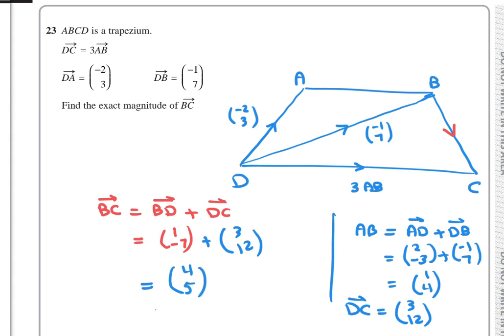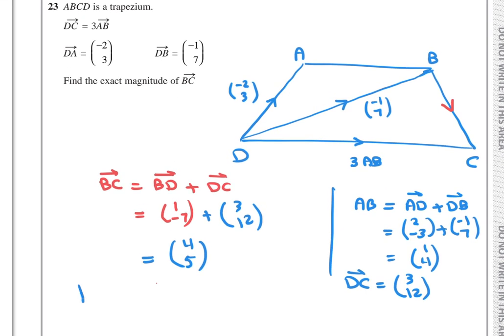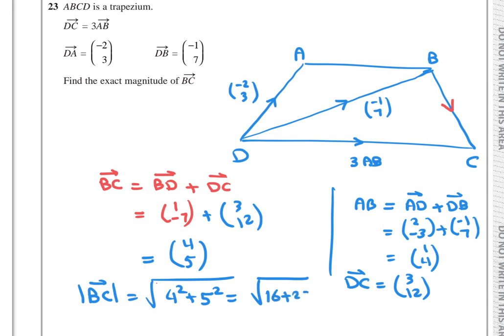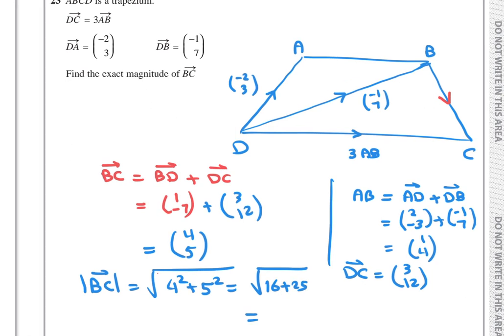So (4, 5). To find the magnitude of vector BC, square root of x squared, so 4 squared, plus y squared, so 5 squared, equals 16 plus 25. So square root of 16 plus 25 equals square root 41 in exact form.